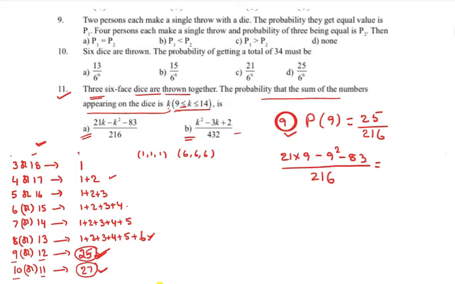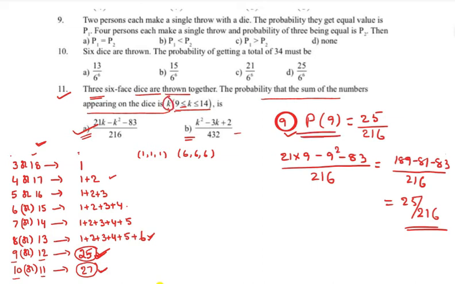Now with this simplification you will get 189 minus 81 minus 83 divided by 216. You can check this simplification also, we are getting 25 divided by 216. So we can say the first option is correct, because we are checking the probability that the sum is 9, and k equal to 9 substituted in the option also satisfies. That's why we can say the first option is correct.